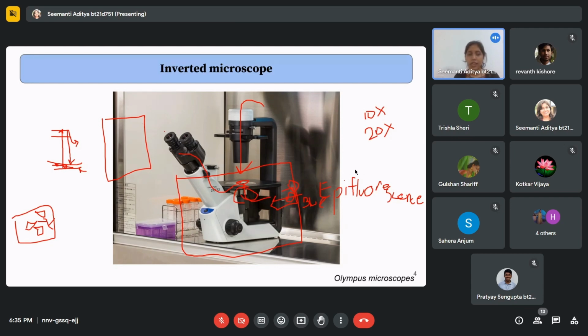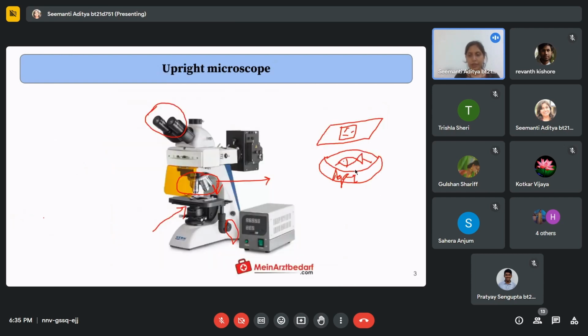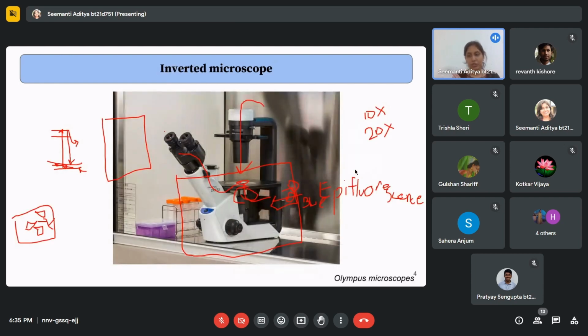All other microscopic experiments that people generally do are with fluorescent microscopes, or now even better, there is the confocal microscope. The confocal microscope helps in getting better resolution. Compared to an upright microscope, the inverted microscope's resolution is better because we have a lot of filters and better objectives.